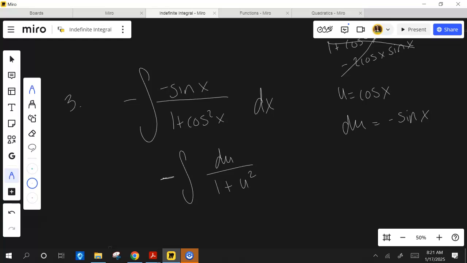You might get confused since you started with x. Could you make your u x, like say x equals cosine x, and dx equals negative sine x?